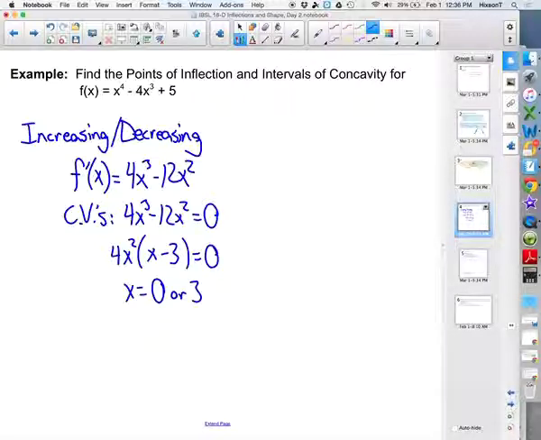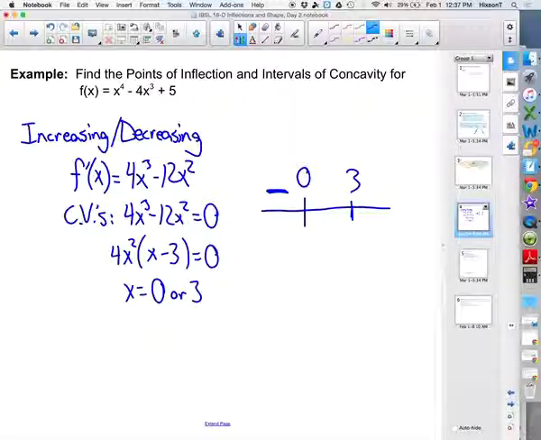That's right. Okay? So let's do a sign diagram real quickly here. We have 0 and we have 3. Say I try negative 1. Negative 1 squared is 1, so that's 4 times a negative 4, which is negative. So I know I'm negative to the left of 0.